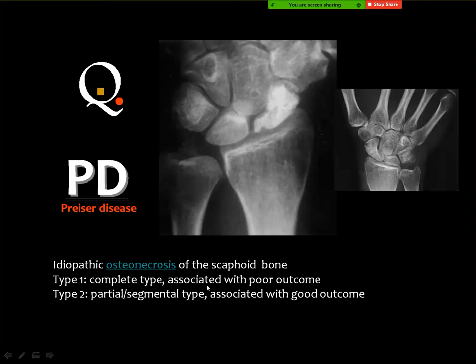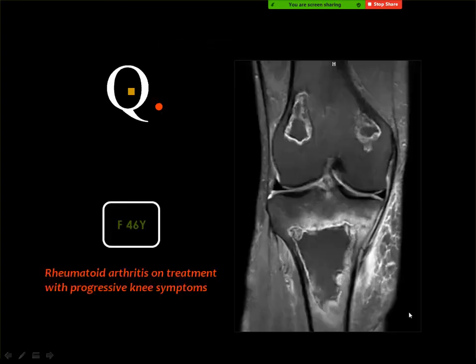Type 1 is a complete involvement of the scaphoid, and type 2 is partial involvement of one area, and the remaining part of the scaphoid is good. And this Preiser disease is explained in the lecture of hematological bone diseases.